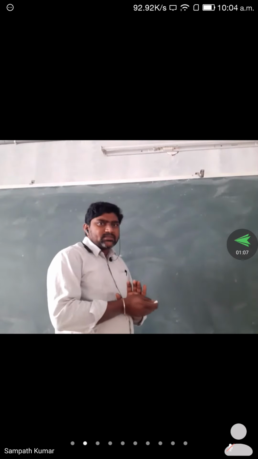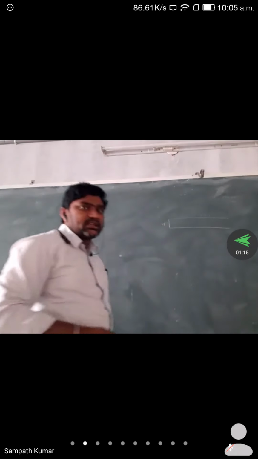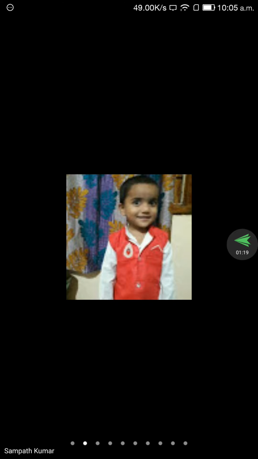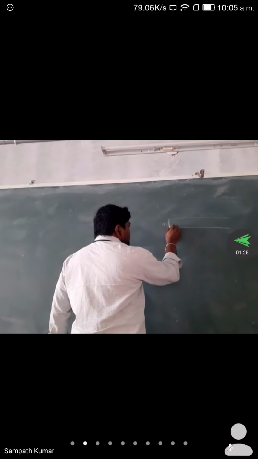Vertical letters means we draw the basic baselines. This distance must be equal to the height of the letter given in the question. Vertical letters are at 90 degrees to the baseline.